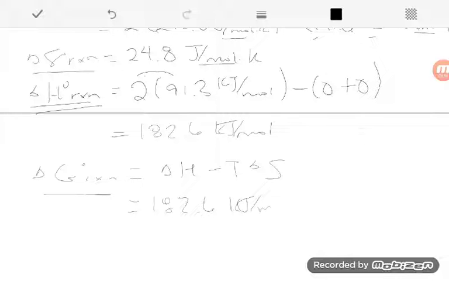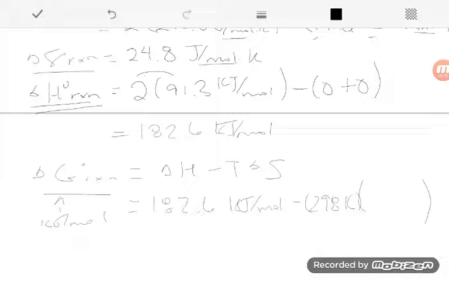So I'm going to do kilojoules per mole minus, now my temperature, again, I said most of the time we assume that's 298 Kelvin. So even though it didn't explicitly say that, we're going to assume that because these are standard conditions. And this time I'm going to convert my delta S into kilojoules. And that's because delta G is usually reported in units of kilojoules per mole. It doesn't really matter as long as you're consistent, but just for variety, we'll show how to do that one.